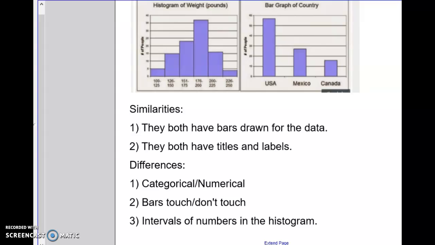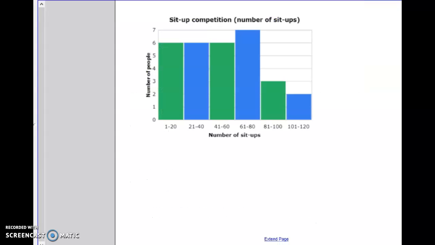Okay, now that we've gone through some of the similarities and differences, I want to look at a few more histograms, and I'm going to ask you questions and make sure that you can read or answer questions based on this histogram. So, as with any graph, you need to always make sure you read the title. So in this case, the title is Sit-Up Competition, and it's going to show us the number of sit-ups that people did.